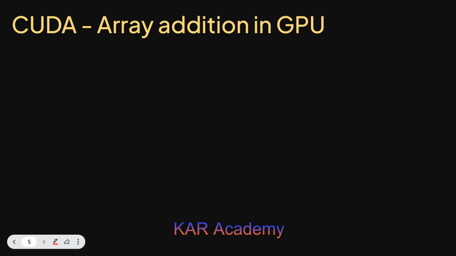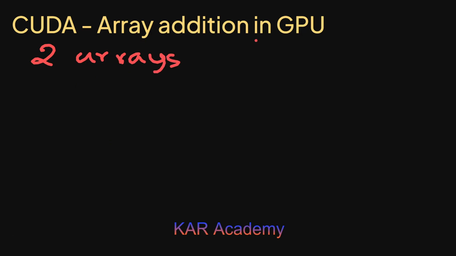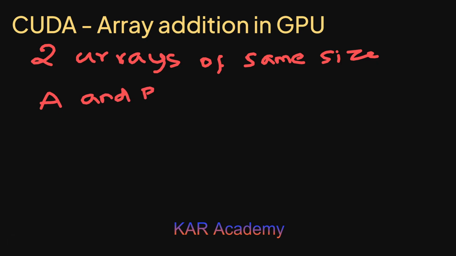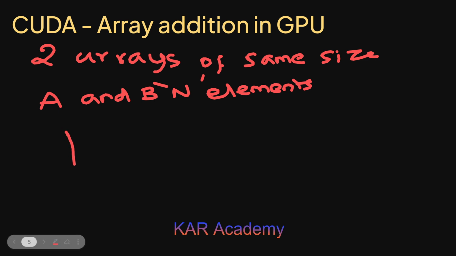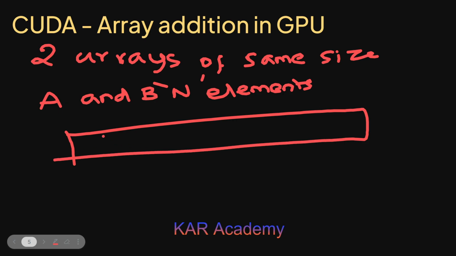For that, we are going to do a one-dimensional array addition. Here you are given two arrays of the same size. Let's name the two arrays as array A and array B, both having n elements. The arrays look like this: you have indexes 0, 1, till n minus 1.